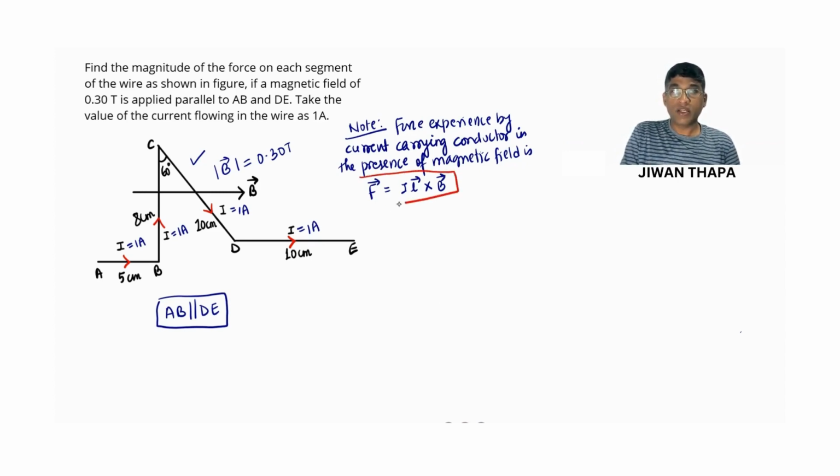So we have this. So we are going to use this expression or concept for each current element carrying current in the presence of magnetic field, okay? So I'm writing for segment AB.